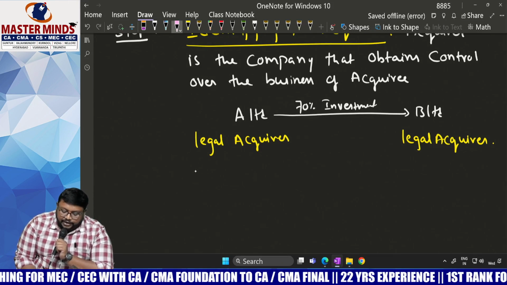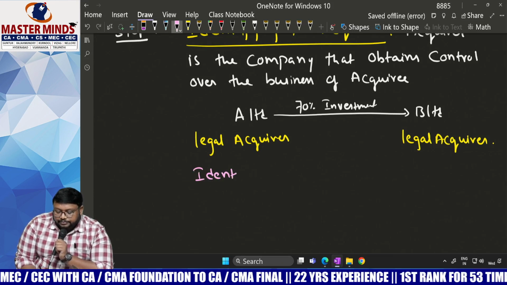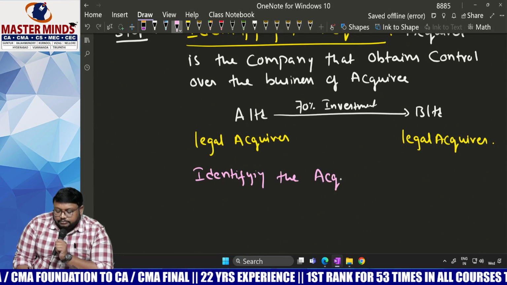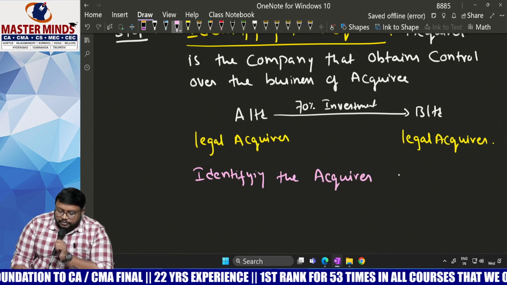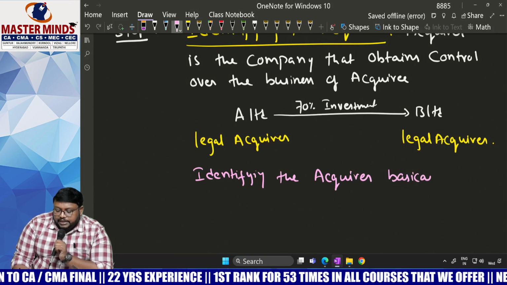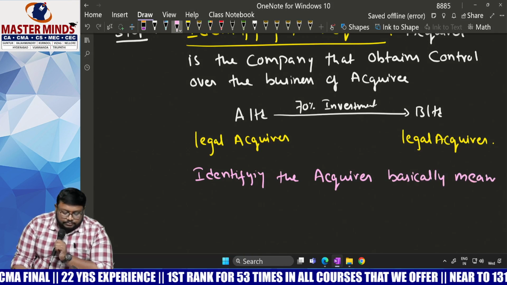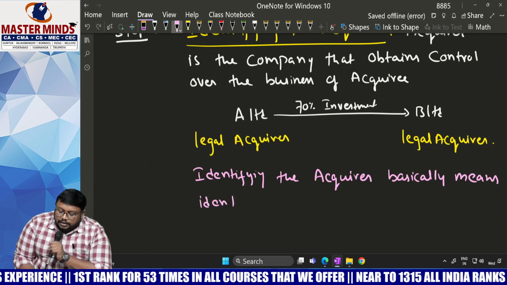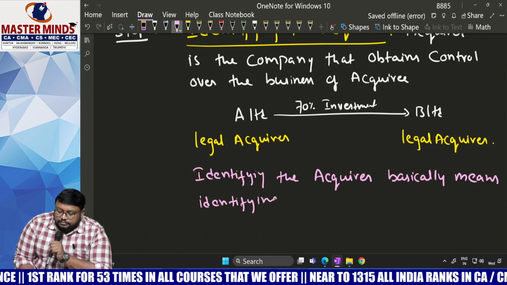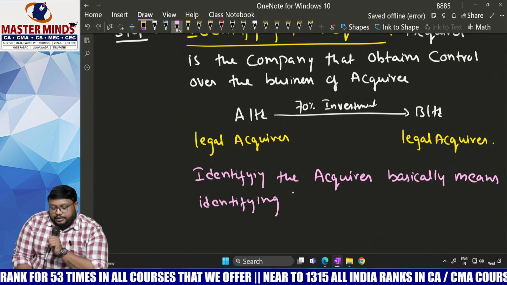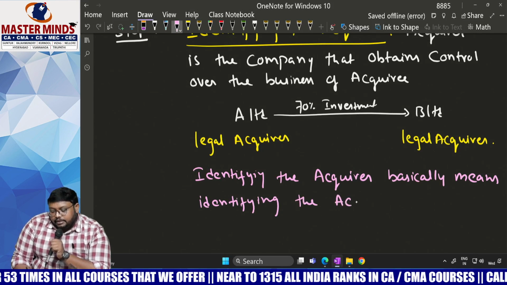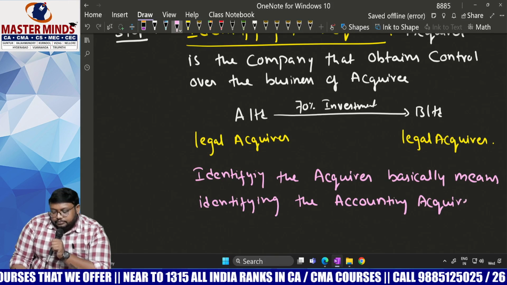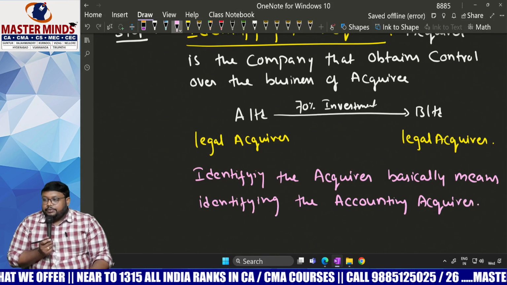Identifying the acquirer basically means identifying the accounting acquirer.